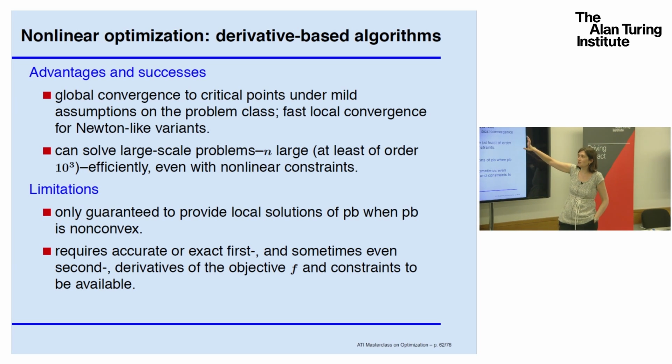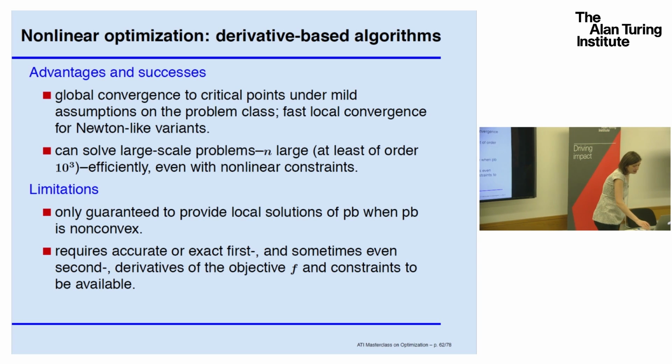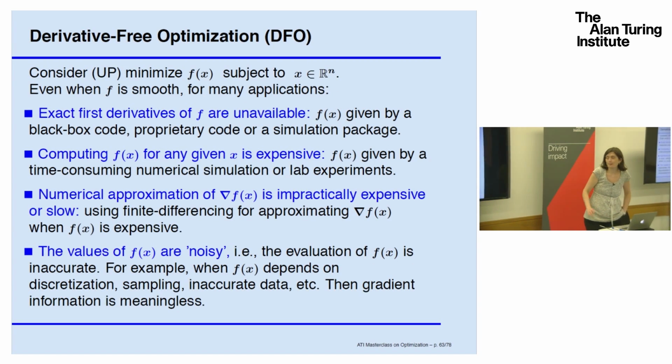And I just want to first summarize for derivative-based methods, like the ones we've just seen for unconstrained or constrained problems, that they can solve large-scale problems. The linear algebra has been developed to be able to solve large-scale problems. But it requires accurate derivatives, at least through finite differencing.